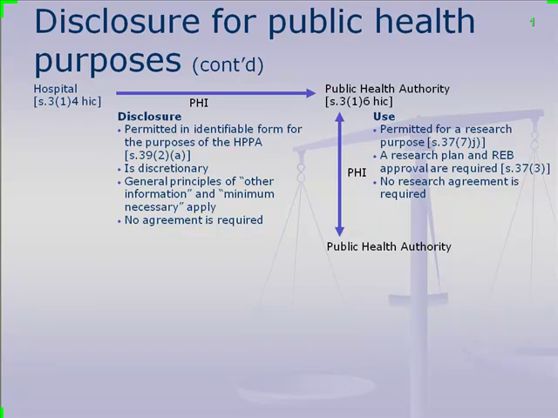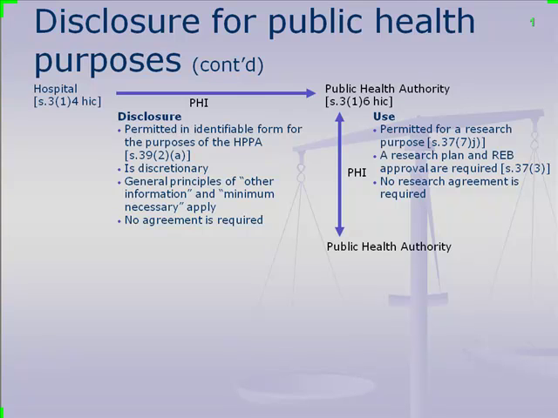In that scenario, I would say no, they don't. Certainly within the public health authority itself, they have to prepare a research plan, and they have to get REB approval, and they get that approval from their REB at the public health authority. They don't have to go back to the hospital to get it.